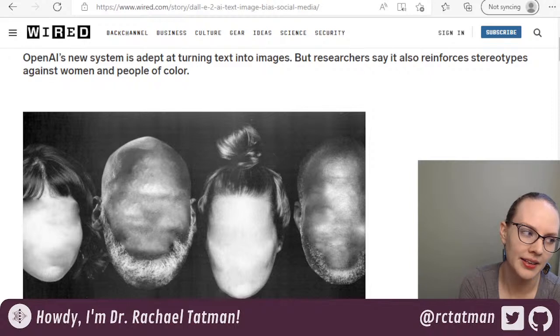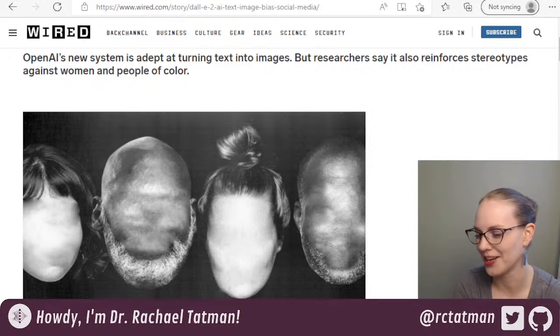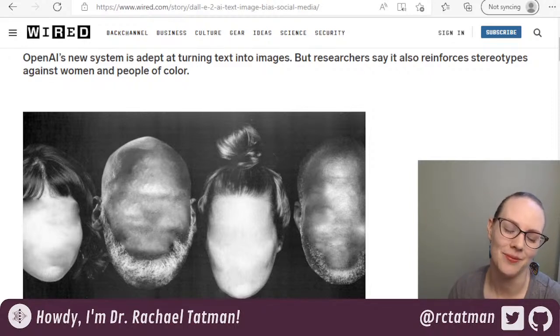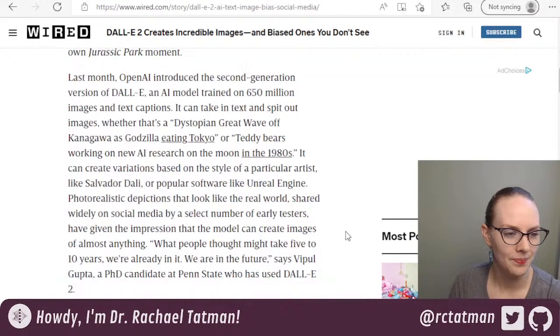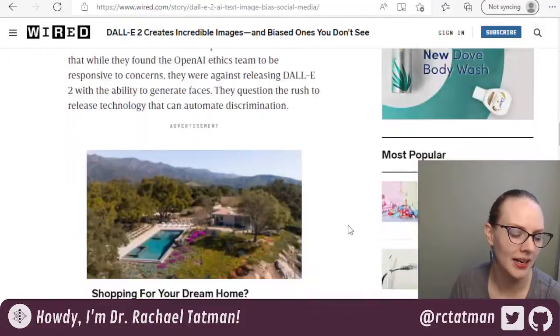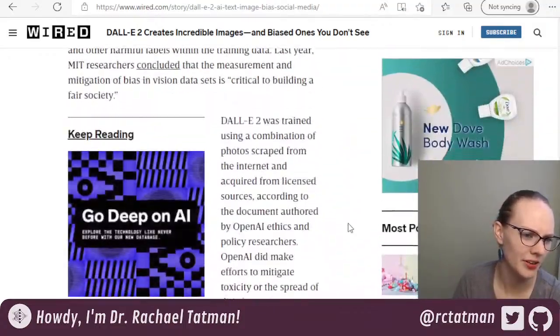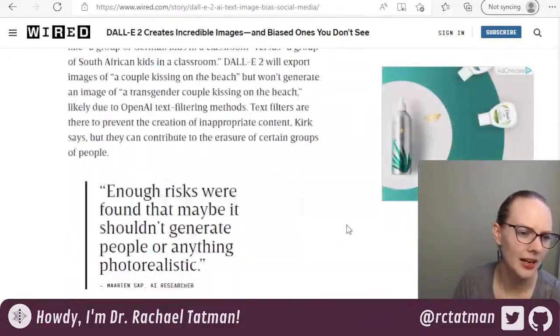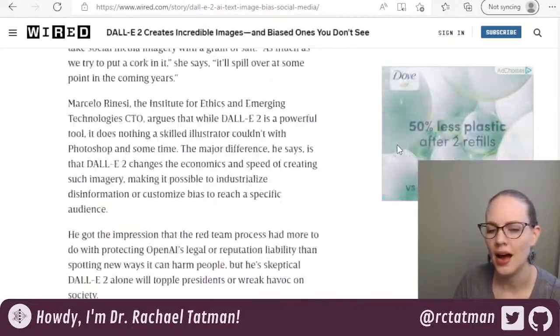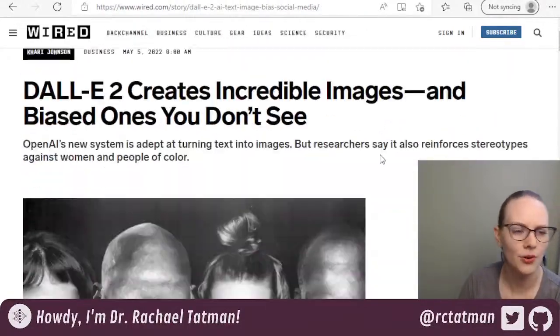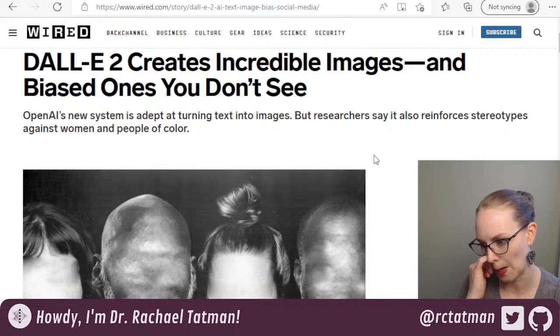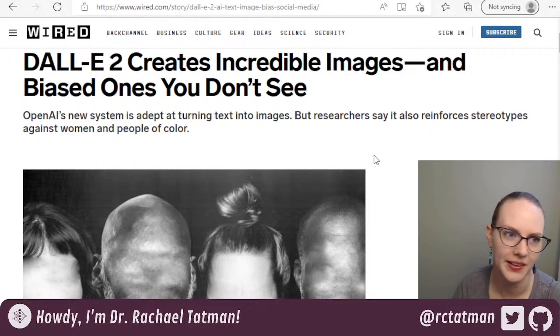They have basically stop word lists, so there are some things you can't ask the model to create, but they're very easy to work around. There's been a lot of people sharing information on Twitter, like, oh, cool, look what you can do with this new technology, with a very playful attitude.